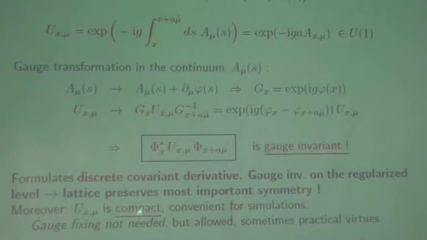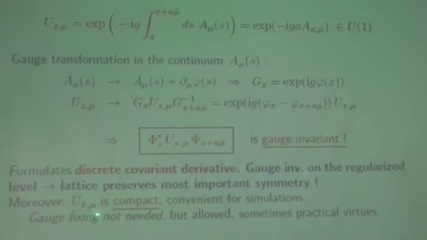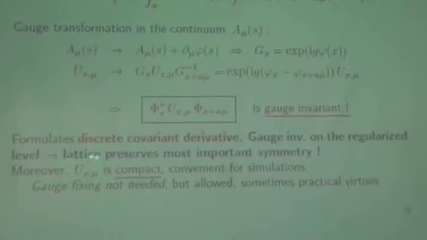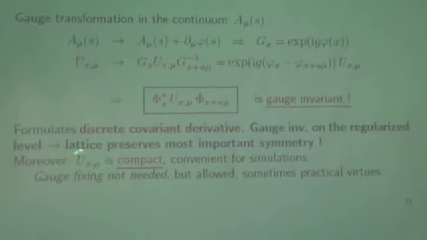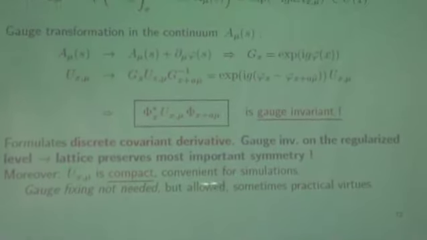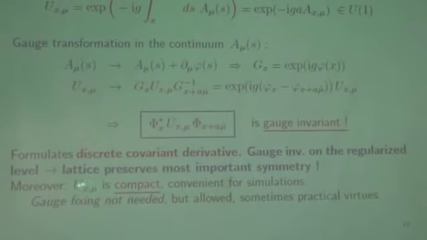This is known as compact link variables. It is convenient for simulations if we want to construct configurations: we only have to explore a finite, compact space of parameters, whereas the algebra is non-compact, running to infinity, so the group is much more practical to deal with.